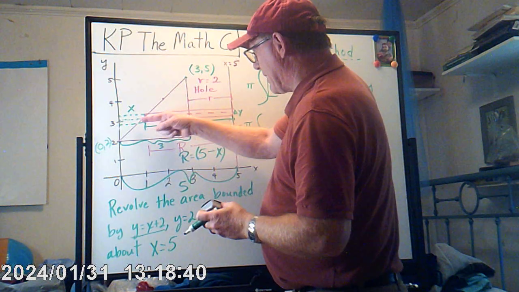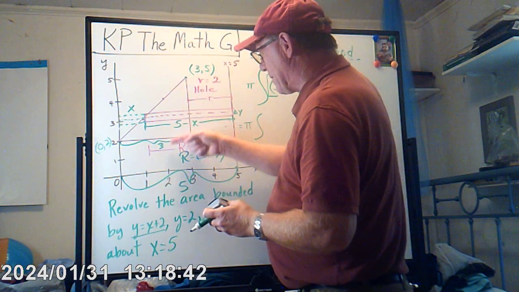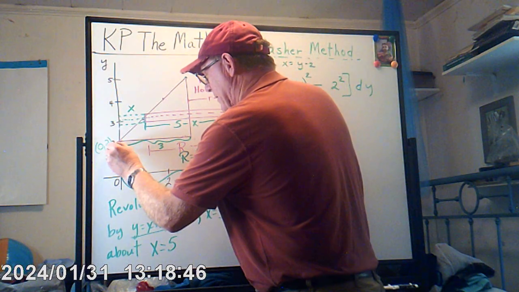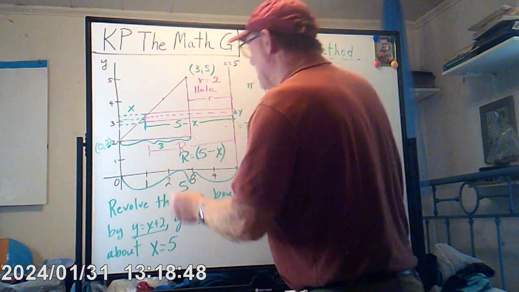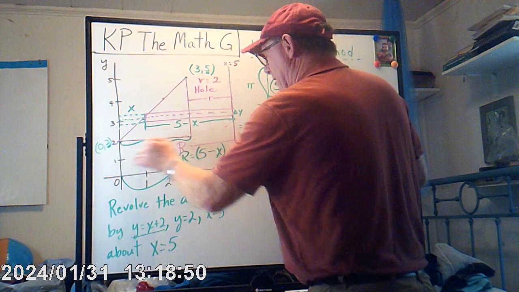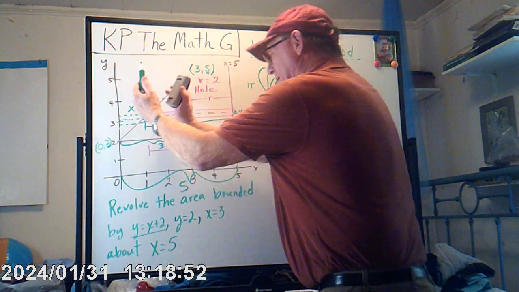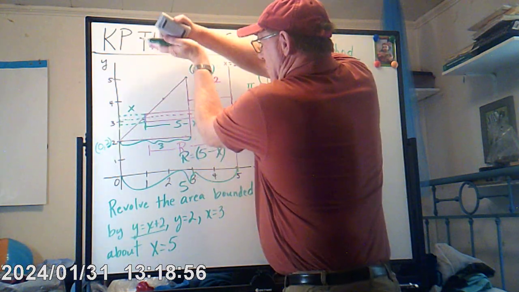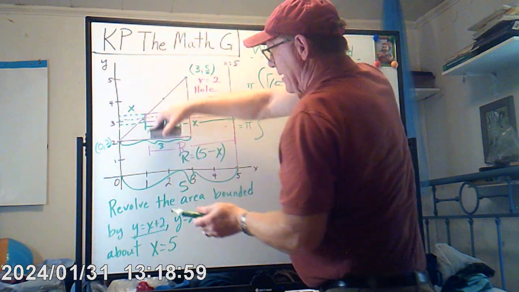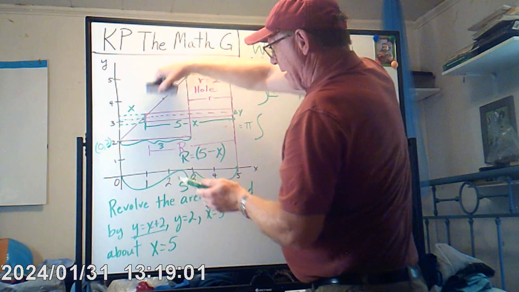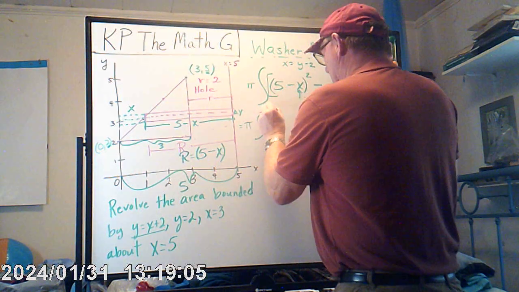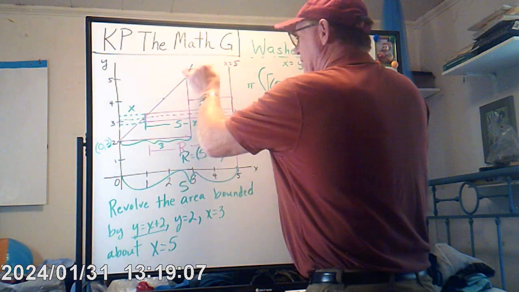Notice that if you're dealing with y now and delta y and so on, you must pick the y values. This is the low limit, and you cannot say from 0 to 3. Your isolated interval is not going this way. Your isolated interval is going this way, up and down. The lowest it can go is 2, and the highest it can go is up to 5.